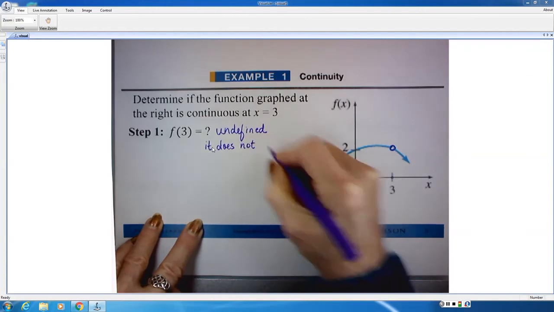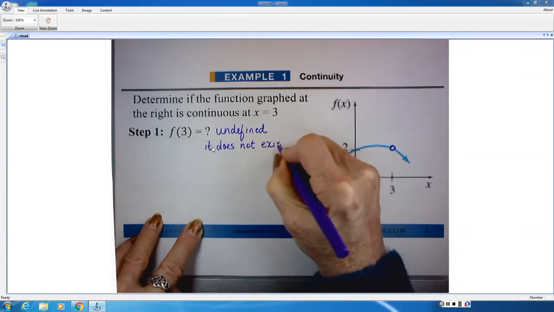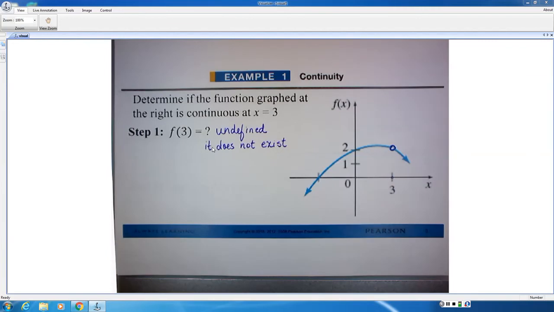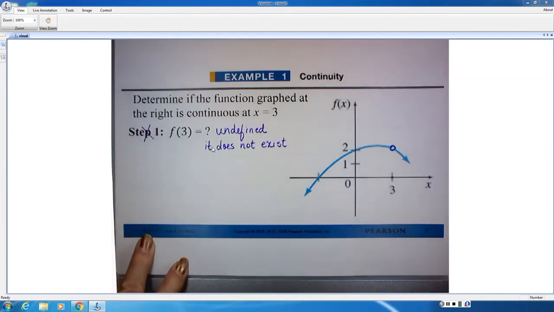Which is synonymous with it does not exist. The number 3 exists, but the function doesn't have a value at x equals 3. Therefore, it has failed step 1.